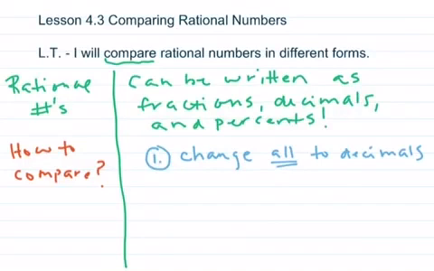You could change them all to percents and compare. But I find that it's easiest to change them all to decimals. It's also easier to look and compare, and I find that it's the least amount of work. So we are going to change all of our rational numbers to decimals.